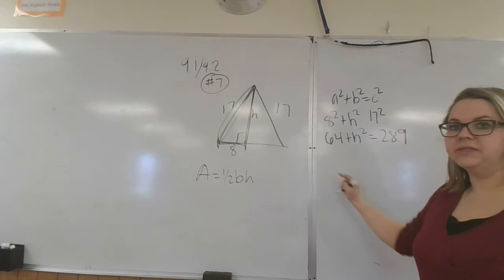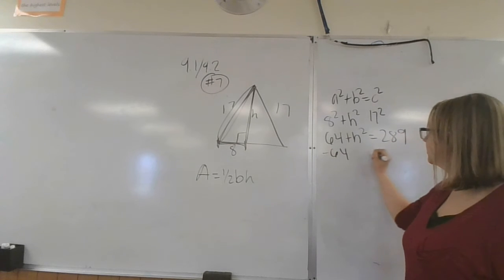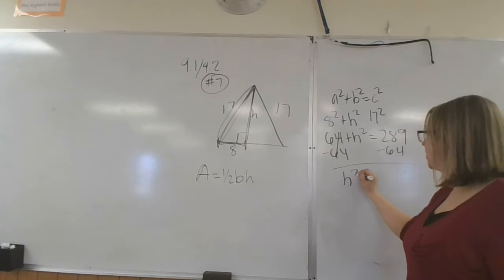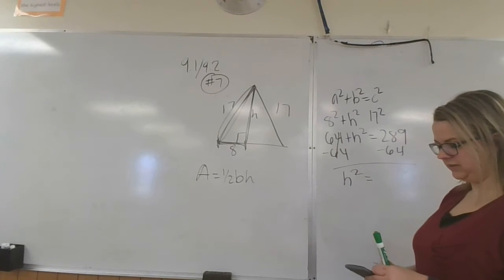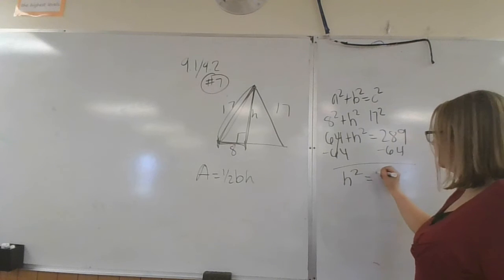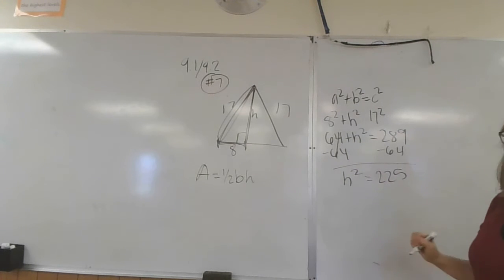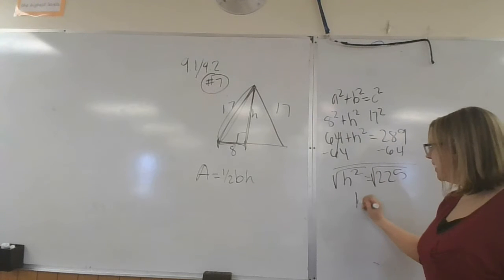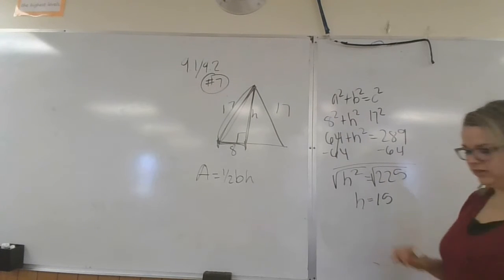Now I'm going to minus 64 from each side. I got h squared equals 289 minus 64, 225. Then I take the square root. So now h equals 15.